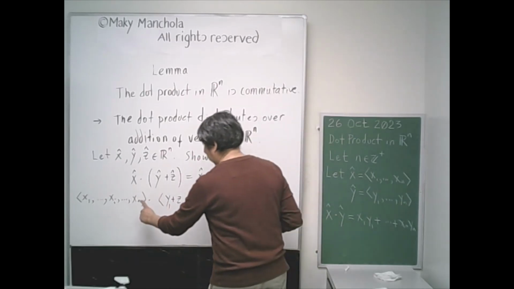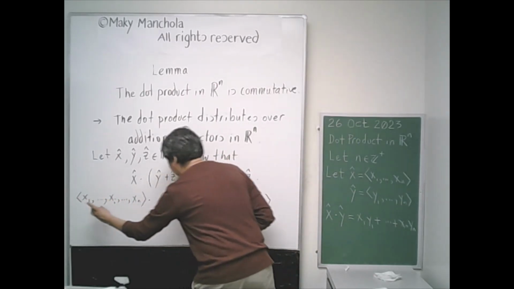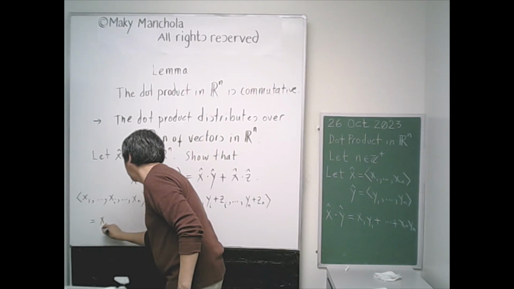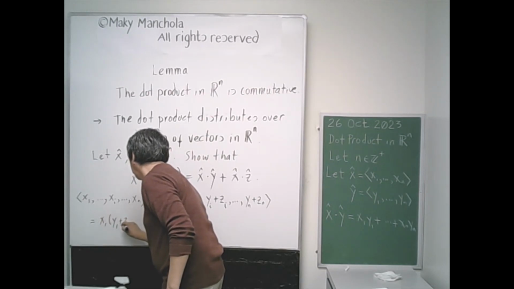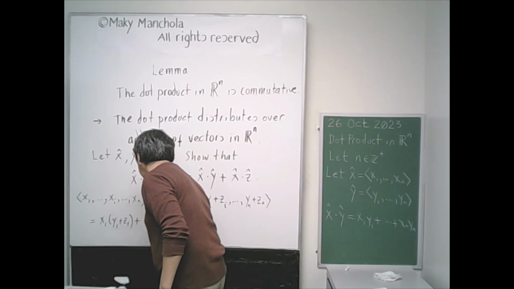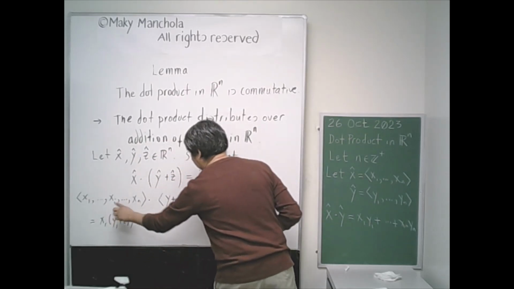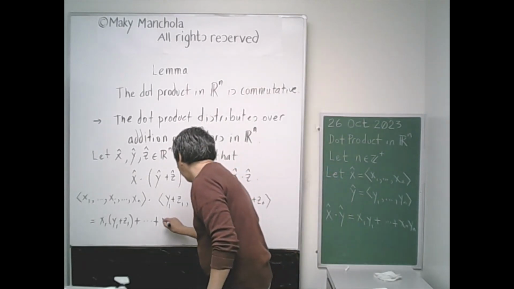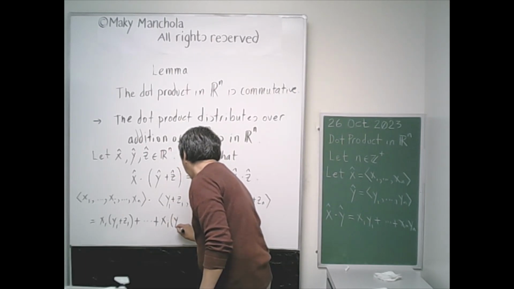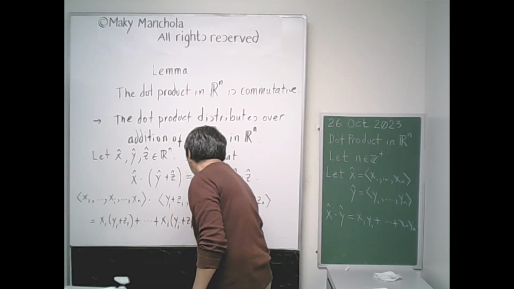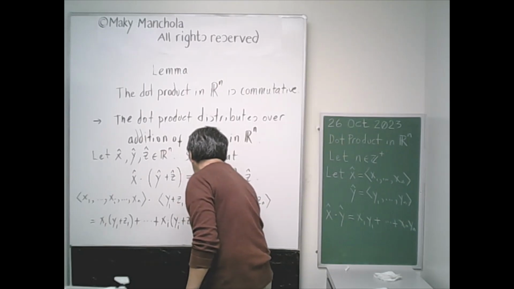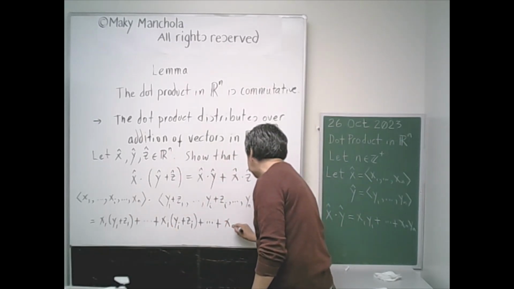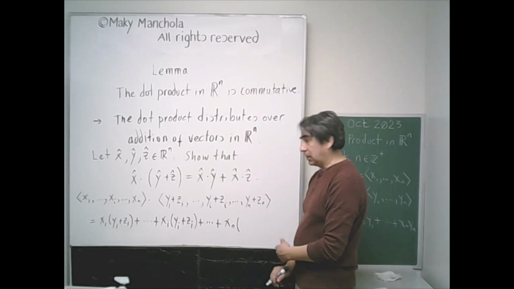Now, what's the dot product? I have to multiply x1 times y1 plus z1, plus dot dot dot plus, the typical entry will be xi multiplied by the quantity yi plus zi, plus dot dot dot plus the very last entry will be xn multiplied by the quantity yn plus zn.